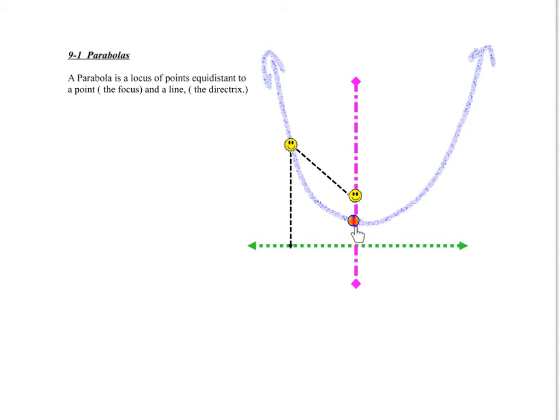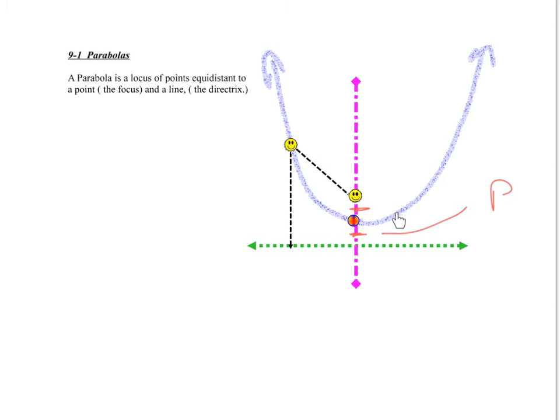So this point right here is my vertex, and I of course now know that this distance is equal to this distance, and that distance we're going to eventually call P. All right, and then every other point on the parabola, so if we just look at this one right here, this distance is equal to this distance.